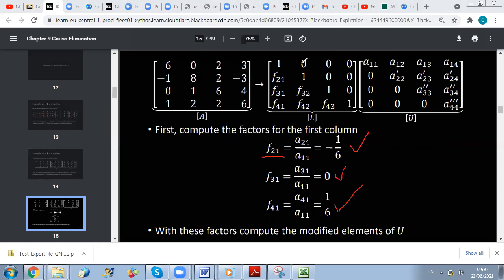We calculated F21 is minus 1 over 6, F31 is 0, and F41 is 1 over 6. So you can replace them here: minus 1 over 6, 0, and 1 over 6.